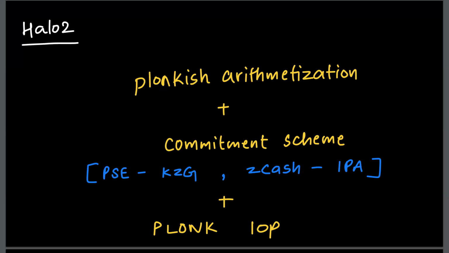And as you know, if there's a proof system, you have a commitment scheme and an IOP, and we use the Plonk IOP. So this is Halo 2 in simple words.